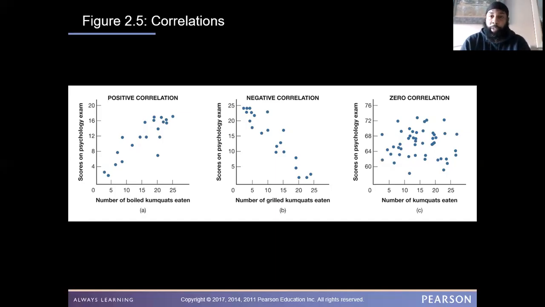In other words, those two variables are simply not related. So positive slope line, positive correlation, trends upward. Negative, trends downward. Zero, all over the place.